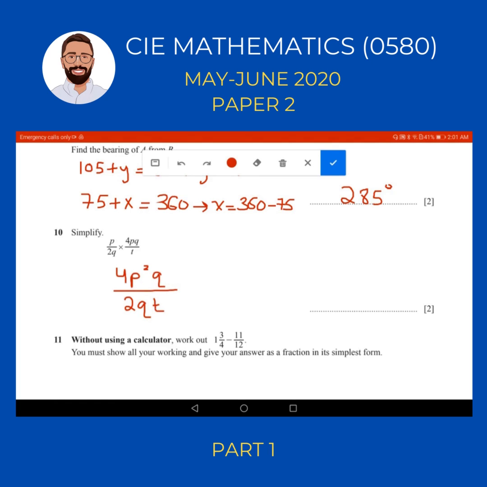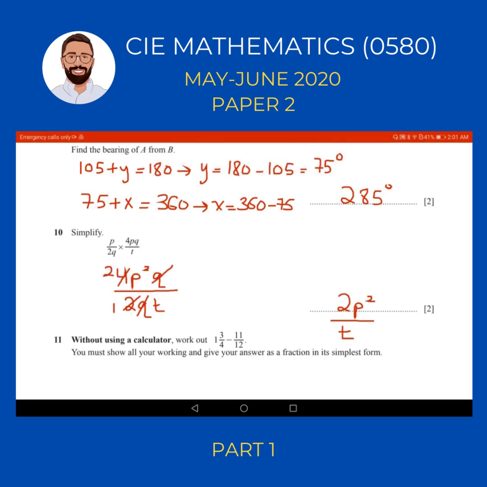Now let's simplify. I have q in the numerator and q in the denominator, so q cancels out with the q here. I have 4 over 2, so 2 over 2 is 1, and 4 over 2 is 2. So what's left is 2p squared divided by t. So the answer is 2p squared over t.